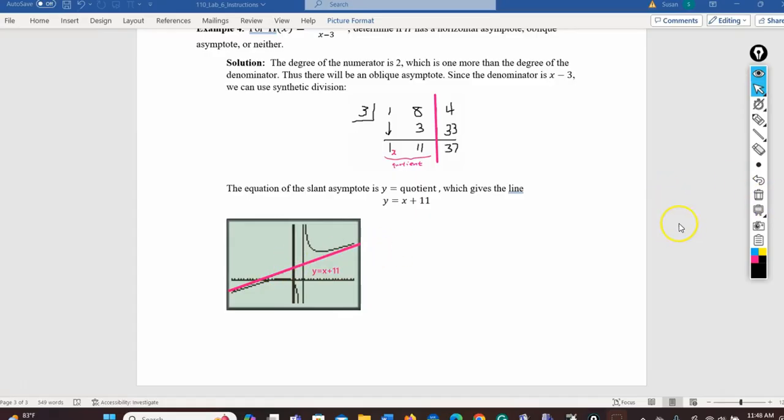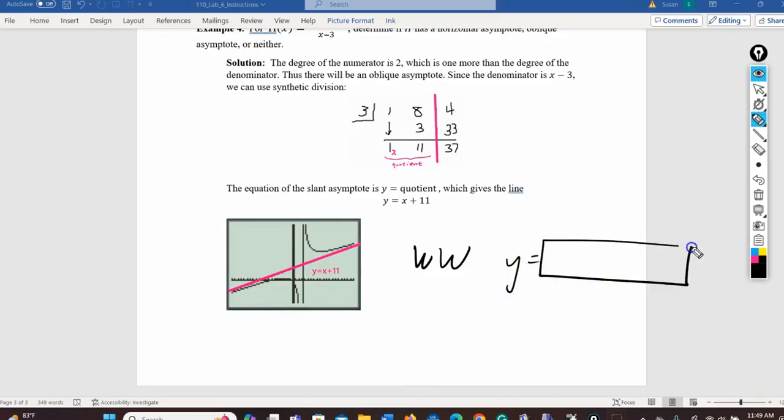Okay, so that's all that we have for this one. There are 3 questions on your web work. The slant asymptote one should be relatively easy. Okay. The only thing that I need to warn you about is in web work, it gives you the y equals, and then you're meant to fill this in, in which case you would just write that.